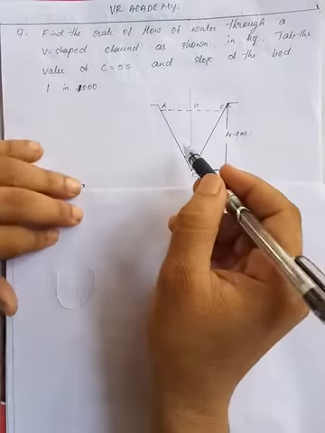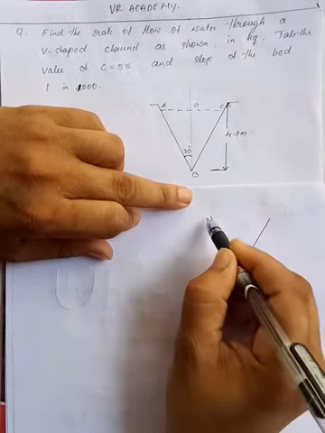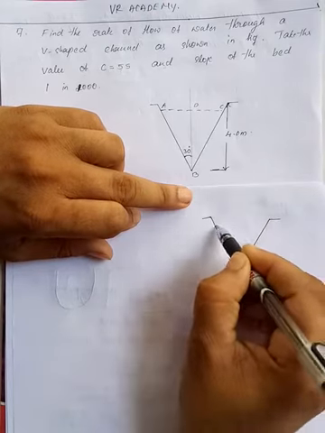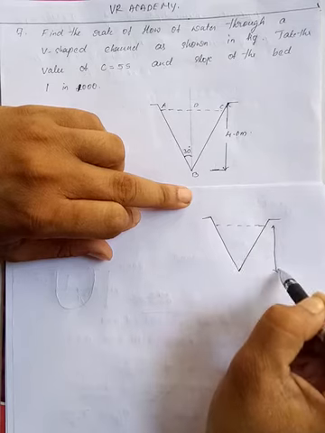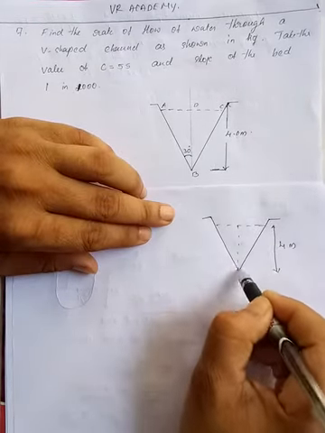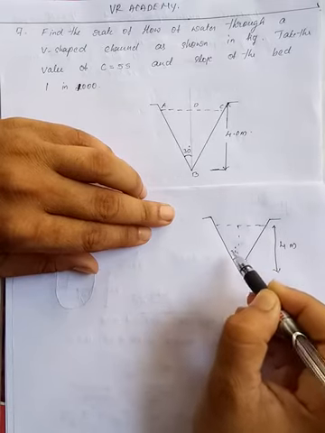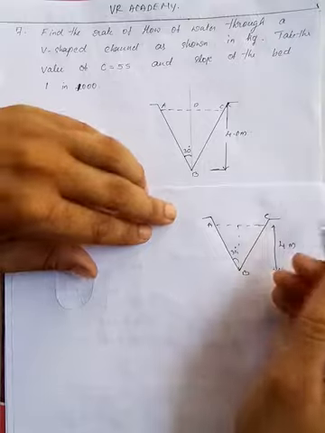Here is the triangular channel. The depth of the flow will be 4 meter, and the angle will be 30 degree. So here A, B, C, this is the triangular channel.